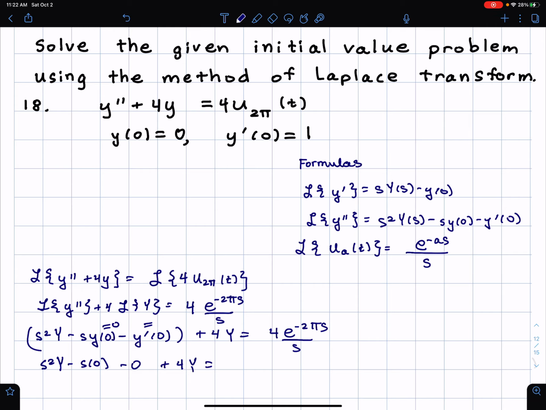I better not make that mistake. So this is s squared Y, minus s times 0 is 0, so it's just minus 1, plus 4Y equals 4 e to the negative 2 pi s over s.